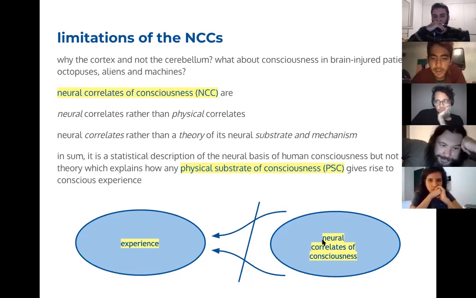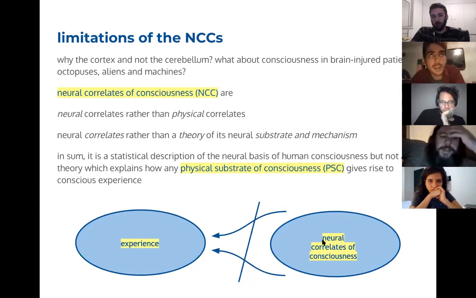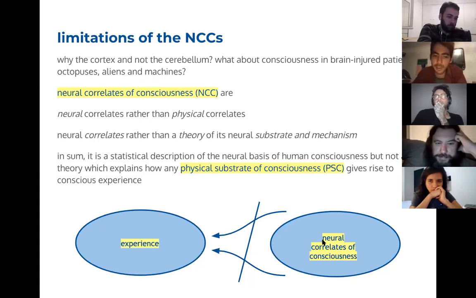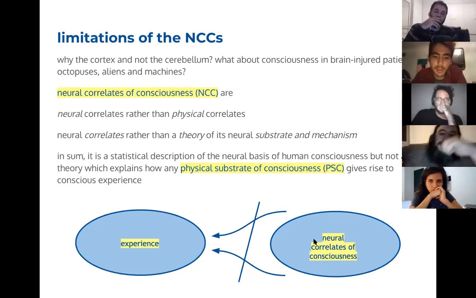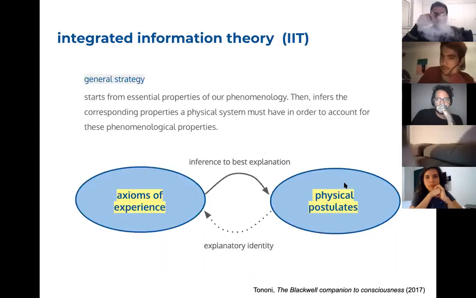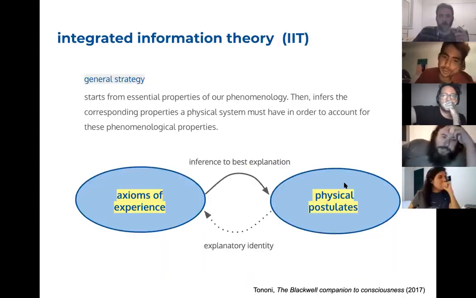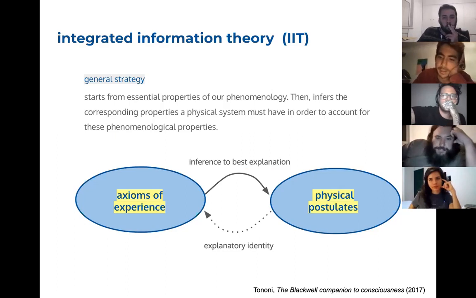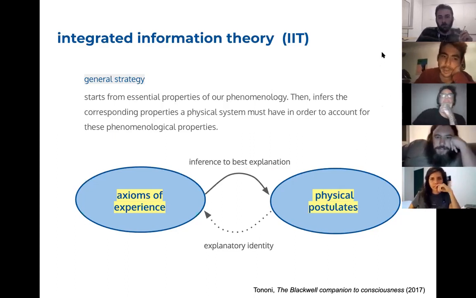You cannot deduce, just by looking at the brain and its mechanisms, why and how exactly something is conscious and what kind of content would be implemented. It's hard to think how that would happen. So what IIT does is the opposite move: actually look first at consciousness and then try to infer its physical mechanism.